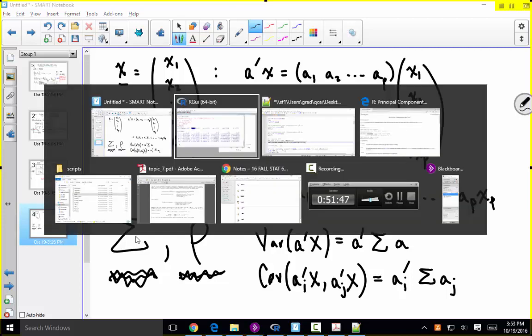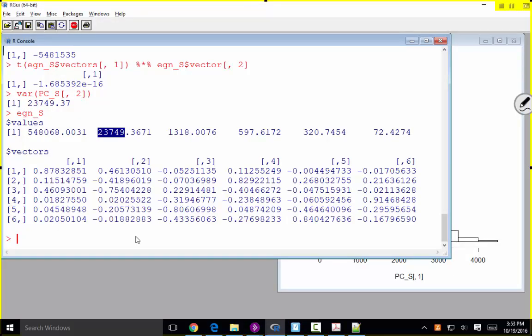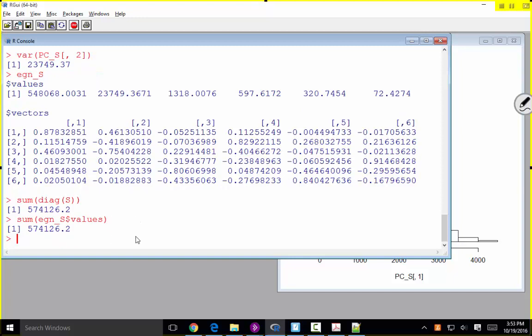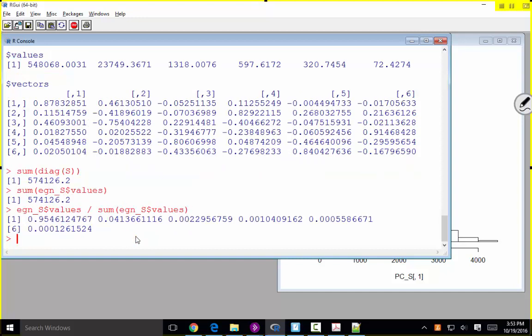And it turns out, let's do the sum of the diagonal elements of S. It equals that. That is the same as the sum of the eigenvalues. So that means if we do eigenvalues divided by the sum of the eigenvalues, we have the proportion of total variation that's explained by each principal component.